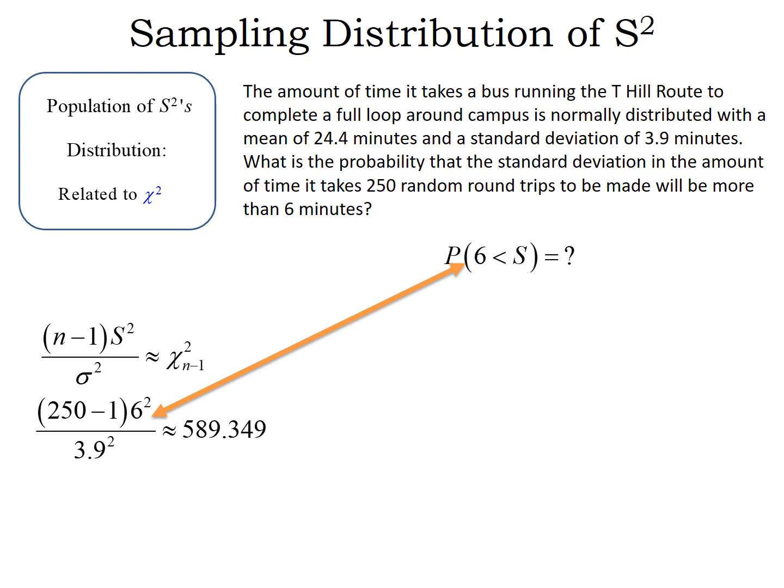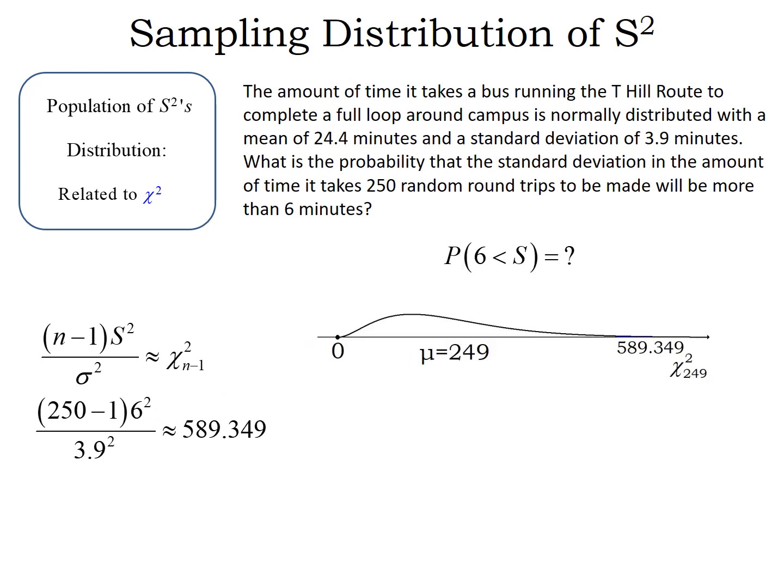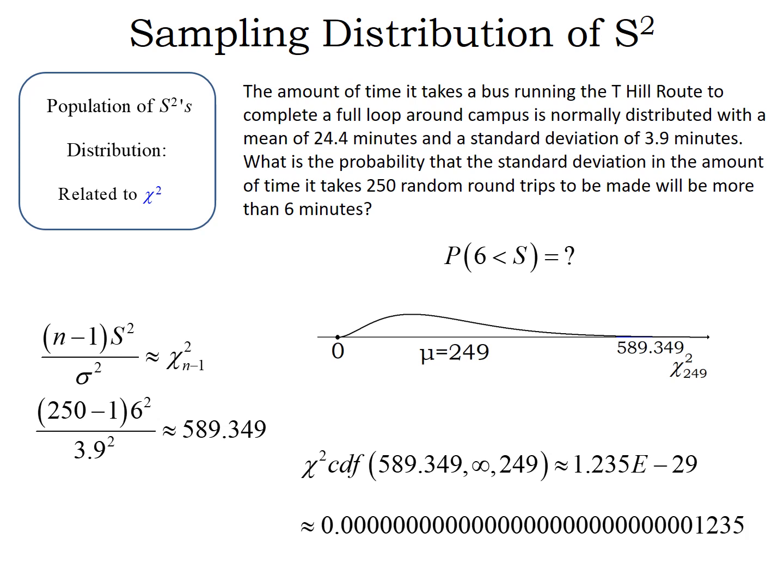So this is the exact same problem we just did, only worded in terms of the standard deviation. Which means when we did our conversion, we had to square S, where last time we already had S squared. So either way, we get the same chi-squared score, which means we're going to get the same graph and the same probability.